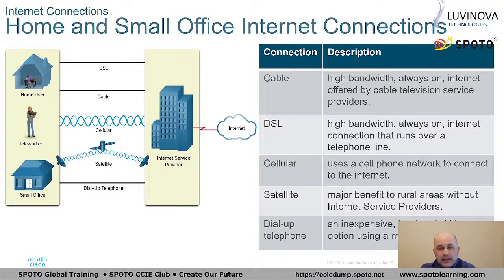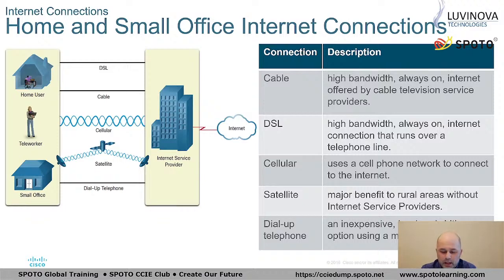DSL is a different type of connection. It's a high bandwidth, again always on, internet connection that runs over a telephone line. So you must have a telephone line. It's provided by a telecommunication provider, and over this telephone line you receive the internet.